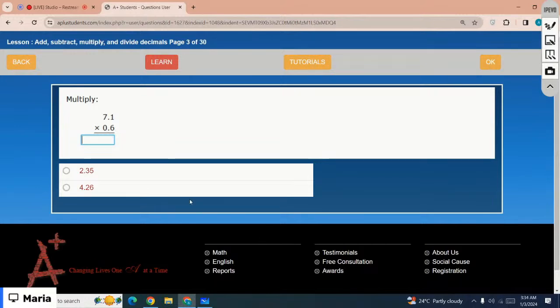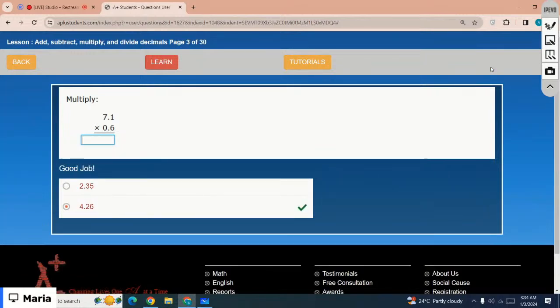Yes, that is option number 2. 4.26 is the correct option. Got it?